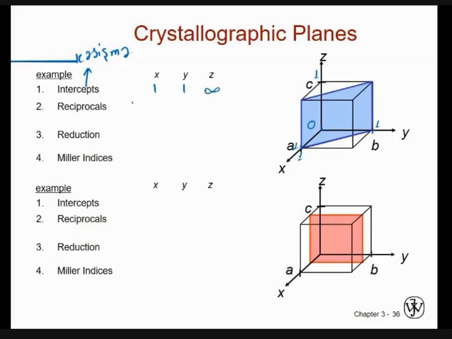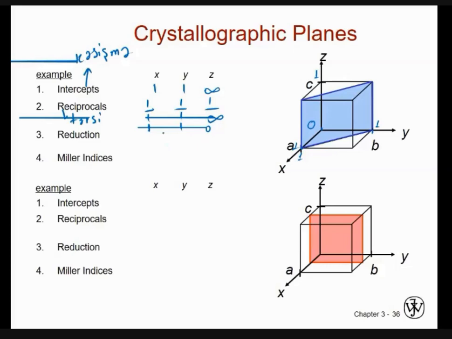The next thing what we need to do is to take reciprocal. It means I will do this 1 over 1, 1 over 1, and 1 over infinity. The reciprocal means, let me write it down over here. So it will be still 1, 1, and 1 over infinity will be 0.